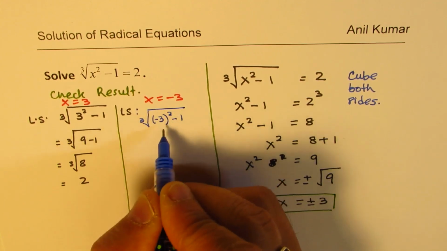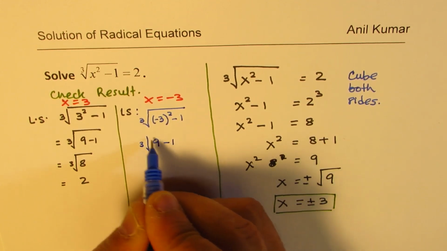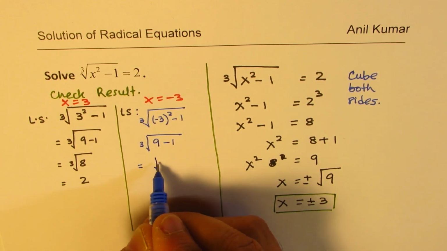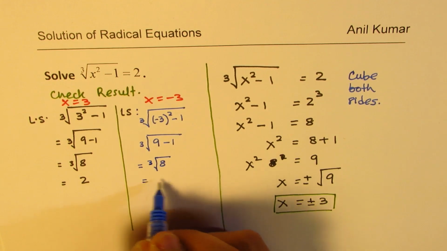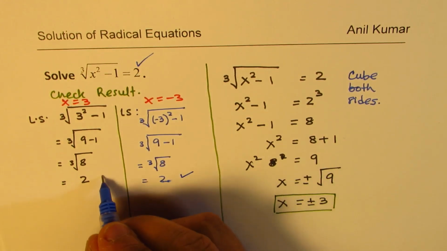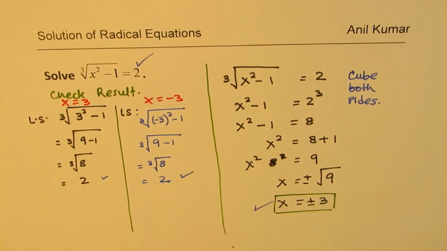That is kind of important to understand, right? So we get cube root of 9 minus 1, exactly same as we did earlier. So here also we get cube root of 8, which is indeed equals to 2. So both the solutions are correct, and therefore this is the correct solution, right?